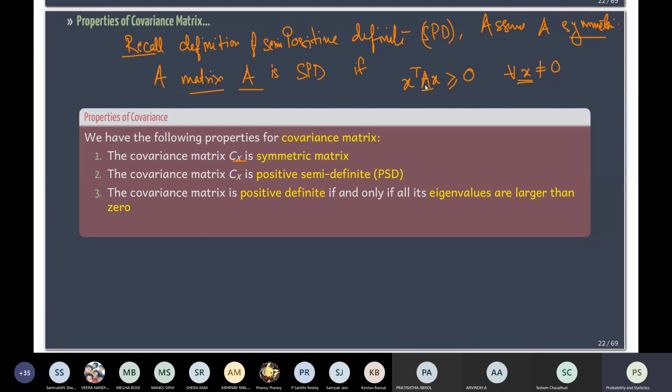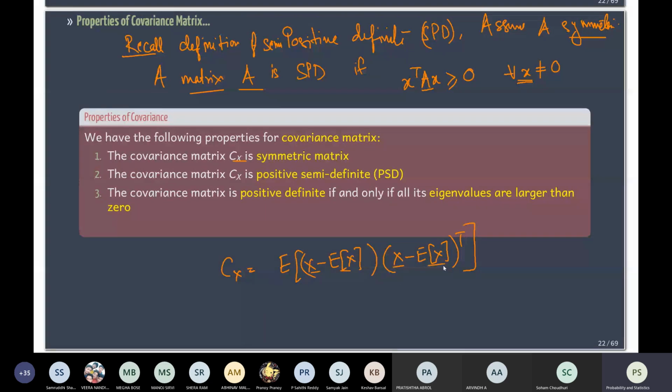Why this will be the case is because, remember, the covariance matrix Cx is defined to be the expectation of (x minus expectation of x) times (x minus expectation of x) transpose. So you see the form of this, right? They are matrices.